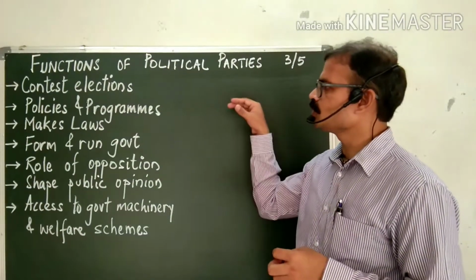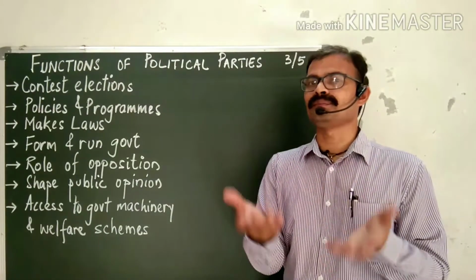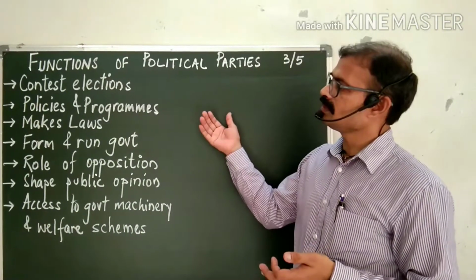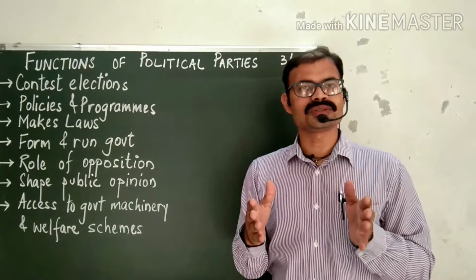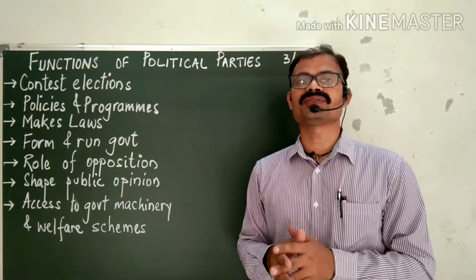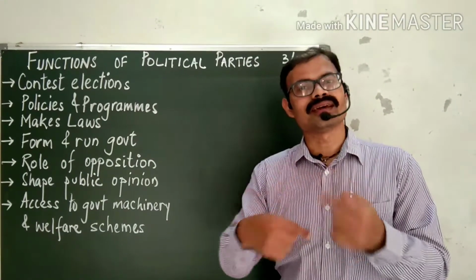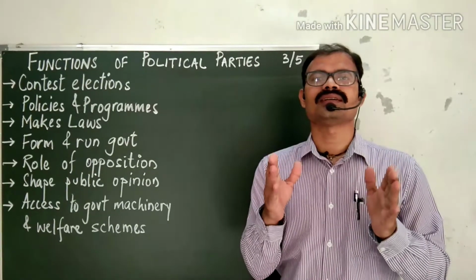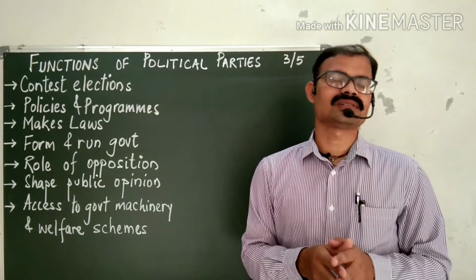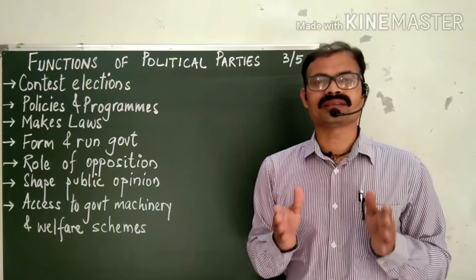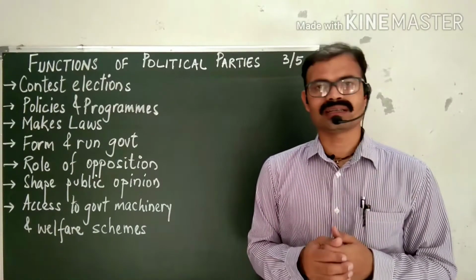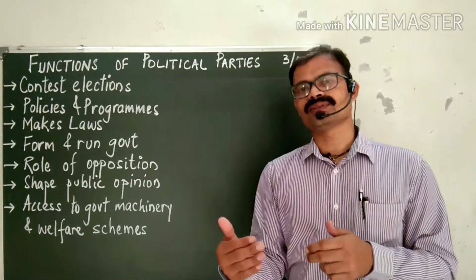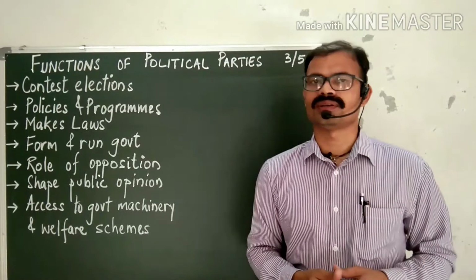And when they go to the people while campaigning, the people listen to the different policies and programs of the different parties, and then they decide which parties' policies and programs are best suited for the society and the nation, and according to that they vote for the particular party.